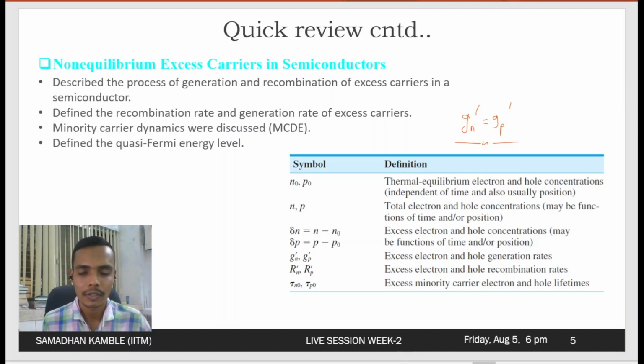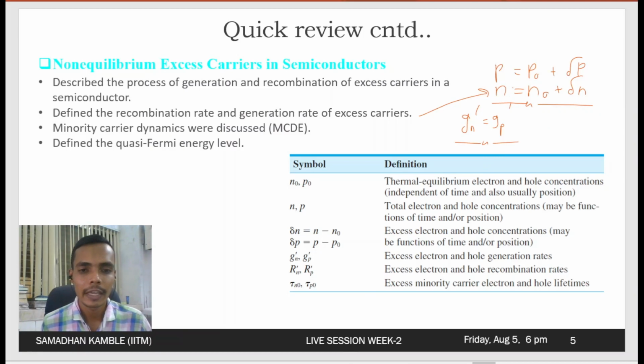But before that, let me write down the concentration of electrons for the excess electrons and holes created. So the total concentration we can write n is equal to n naught plus delta n. Similarly for holes it is p equal to p naught plus delta p.